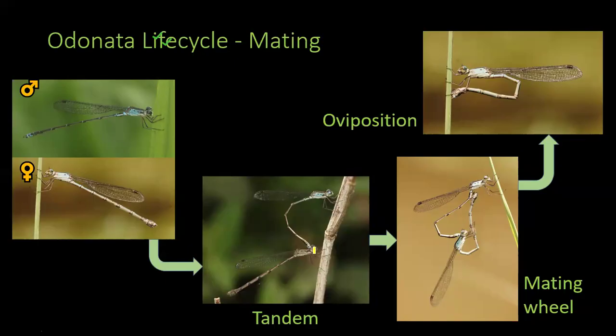They use their structurally developed caudal appendages to grab onto either the head or the prothorax of the female, and that first position is known as the tandem position. We see most animals in the tandem stage during mating. They can fly while in tandem.